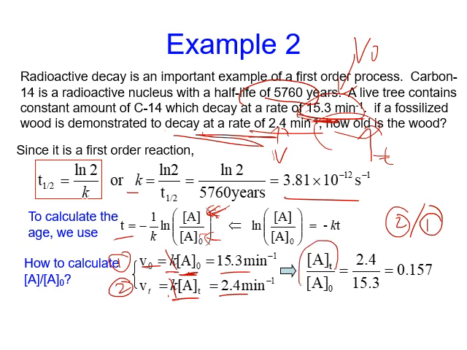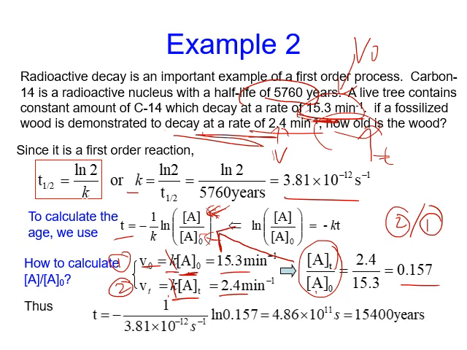So we get the ratio of the concentration over initial concentration, which gives you 0.157. Plug this into the integral rate law, and we can calculate the time to be 15400 years.